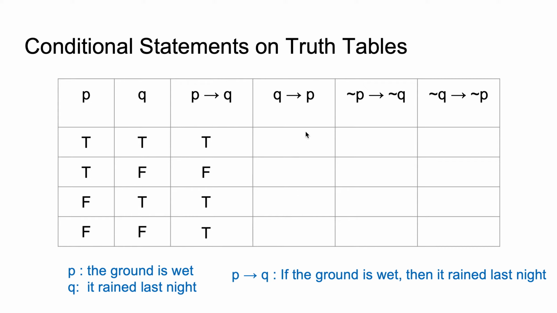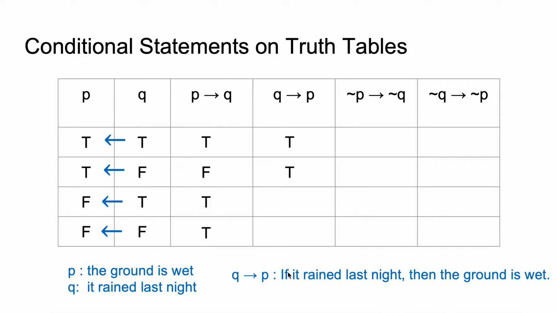Let's look at this second one. So let's switch it around. Take the converse. If it rained last night, then the ground is wet. So let's just think of it going this way. If true, then true means true. If false, then true, we're going to say that's true, because if it rained last night is false, but the ground is wet, then this statement will still be true.